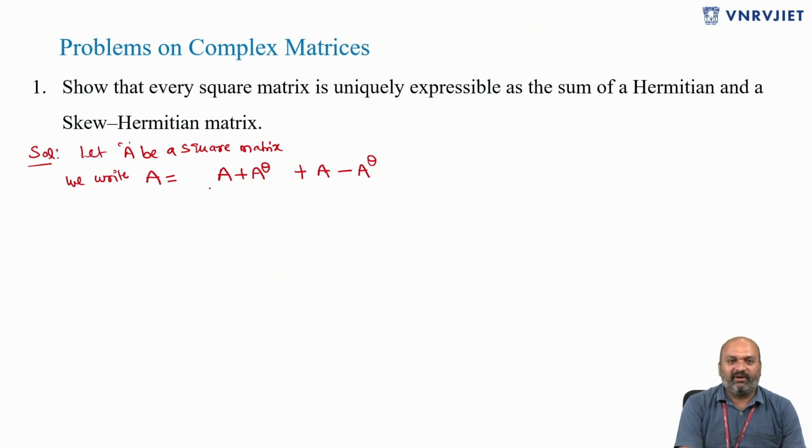Observe carefully what is happening: A plus A theta plus A minus A theta, here plus A theta minus A theta gets cancelled. We are getting 2A, but which is actually A only.